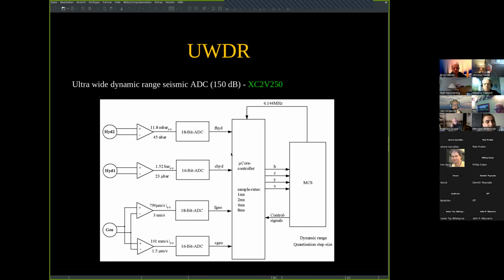And so the reduction of the sampling rates is being done by low pass decimation filtering.